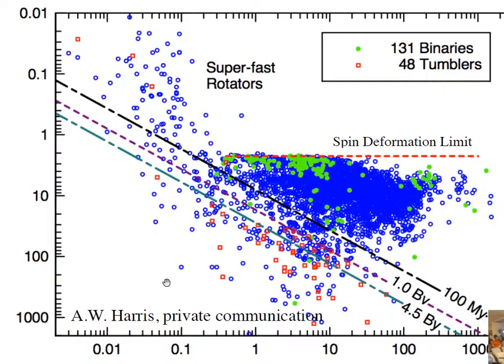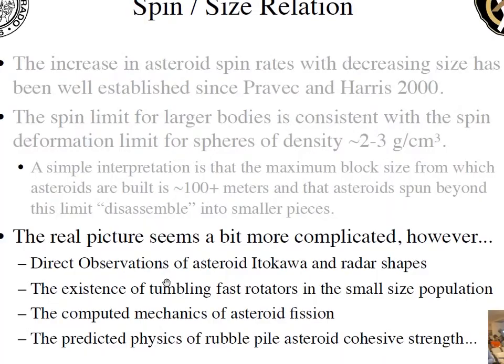When you look at it a little bit more closely, the real picture is a little more complicated, just in terms of the shapes, the sizes, the morphologies of some of the bodies that we've seen close up, and even once we really think through the physics that should be occurring for these bodies as well.